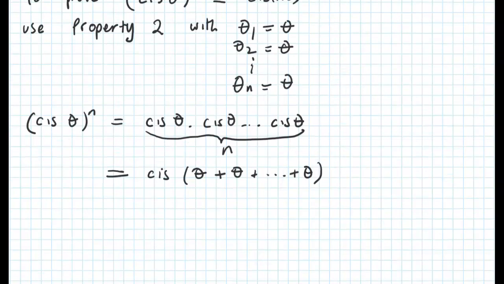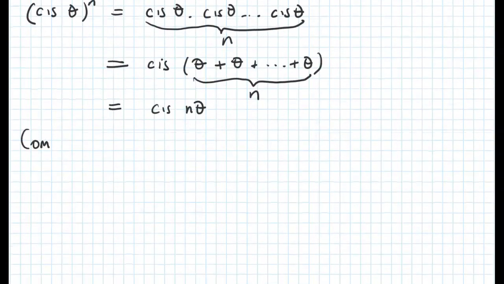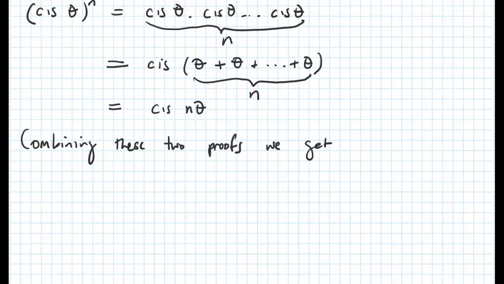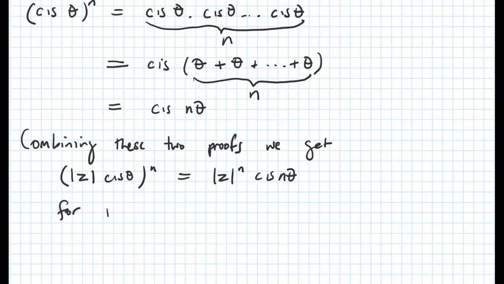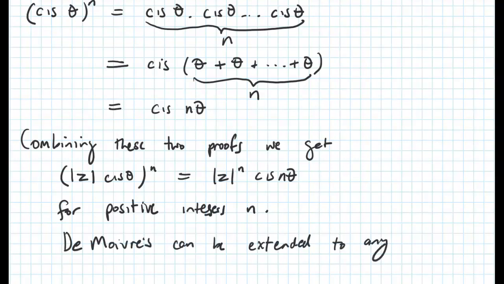We can then use property 2 to rewrite that as cis of theta plus theta, etc., which is equal to cis n theta. If we combine these two proofs that we've just established, then effectively we've established De Moivre's theorem, in the case, again, where n is a positive integer. For those interested, you can look elsewhere for proofs for other rational numbers.